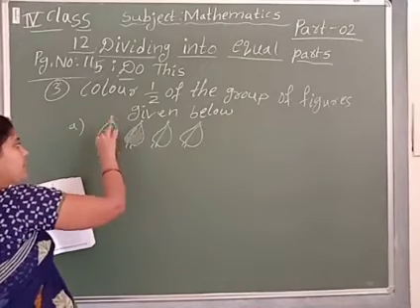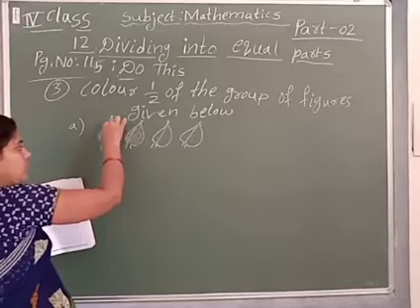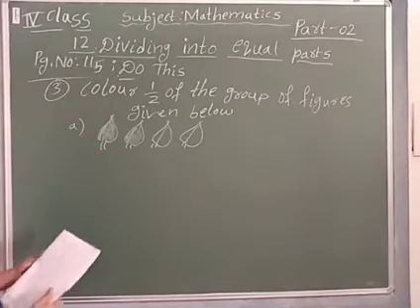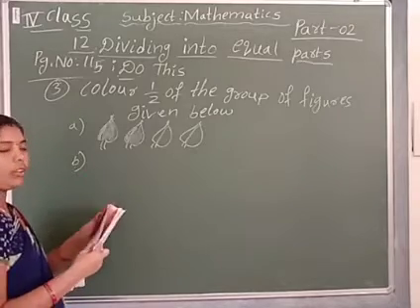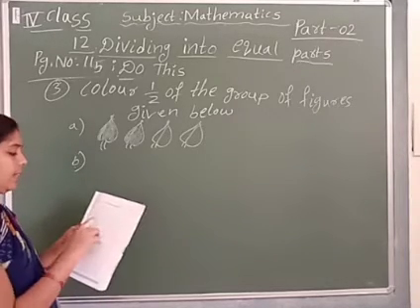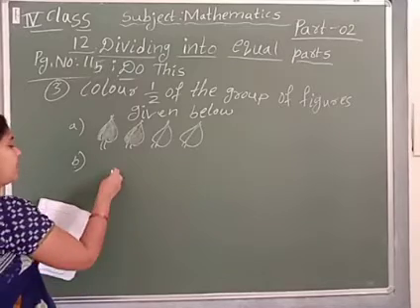2 leaves. Next one. They have given circles. How many circles are there? 1, 2, 3, 4, 5, 6, 7, 8, 9, 10 circles.